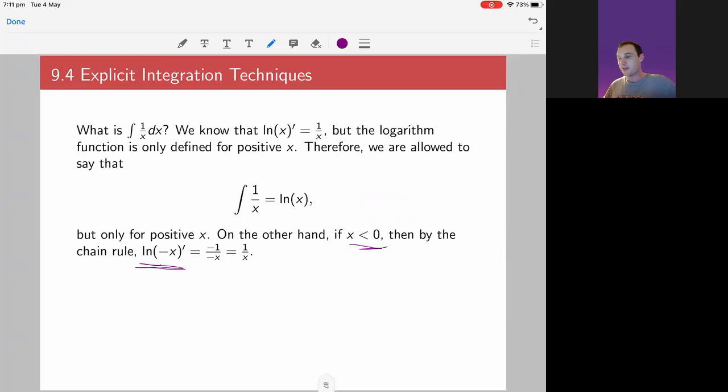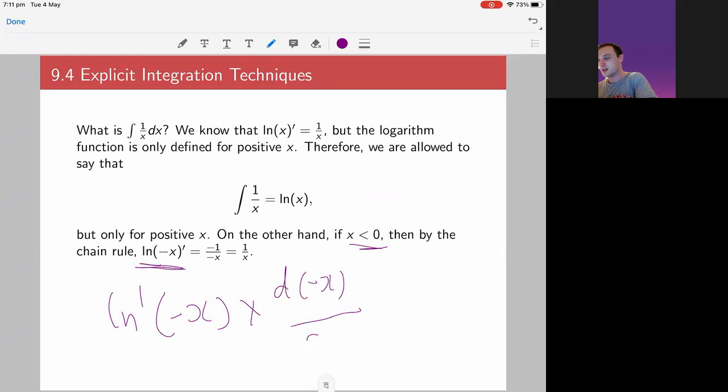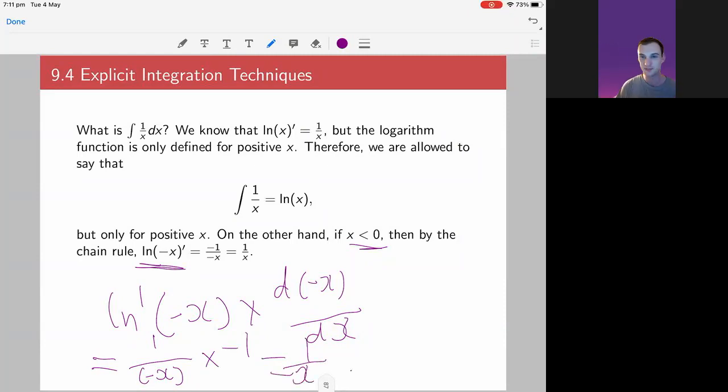And the derivative of the natural logarithm of minus x, use the chain rule: it's the derivative of the logarithm of minus x times the derivative of minus x. Well, remember the derivative of logarithm is 1 divided by whatever's inside, and the derivative of minus x is obviously minus 1. So this is also equal to 1 divided by x.